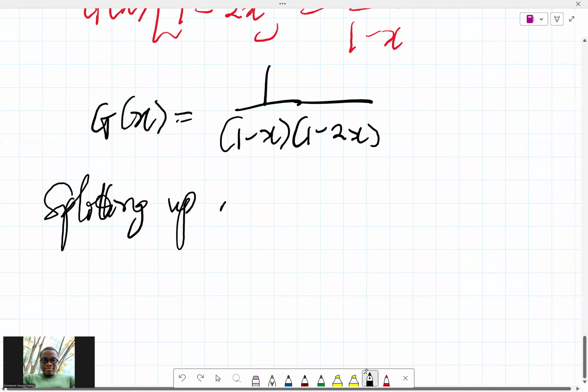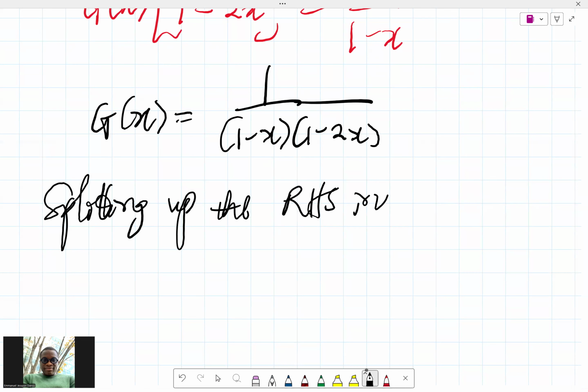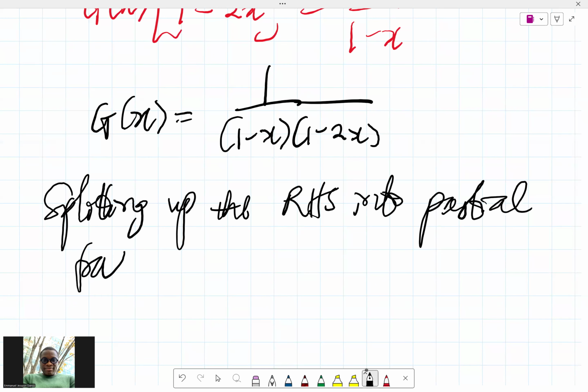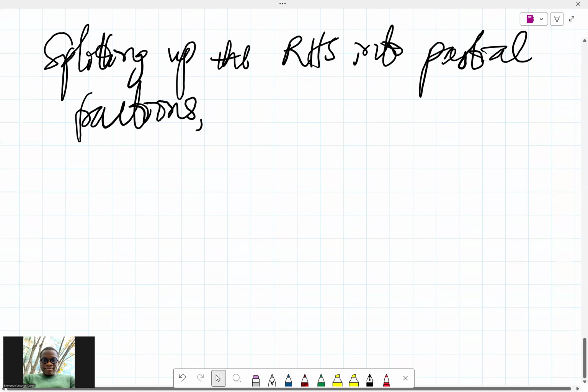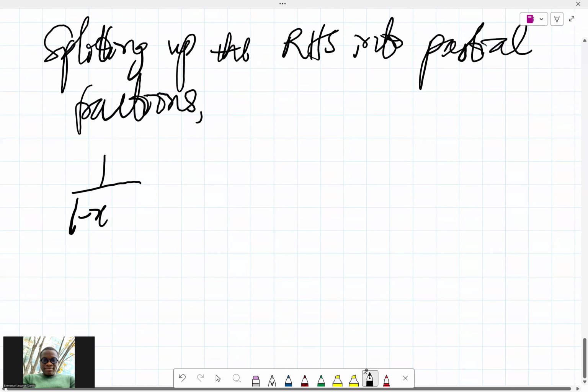Splitting up the right-hand side into partial fractions, this is the step we have to follow: 1 over 1 minus x into 1 minus 2x.